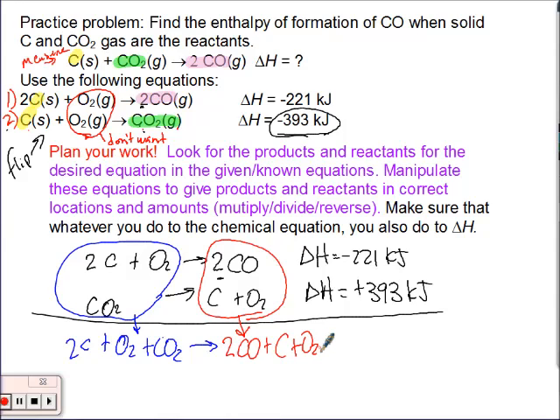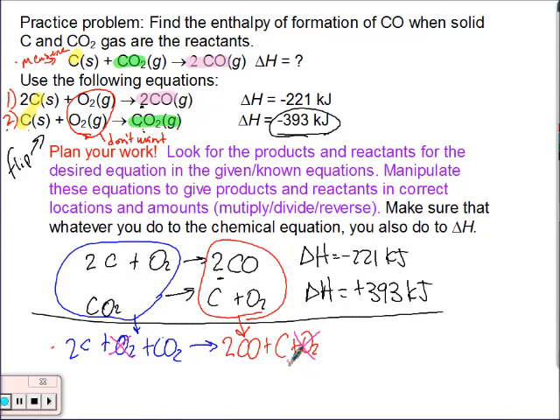Okay, now this reaction doesn't look like the desired reaction yet. Okay, well, what can I start canceling out? If I start thinking anything that's the same, I can cancel out. Oxygen is on both sides. Same coefficient. It's going to cancel out completely.